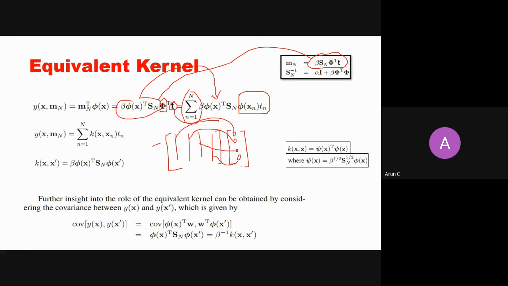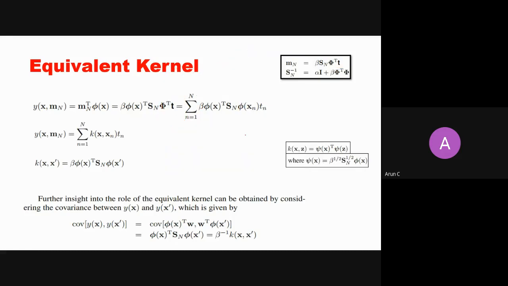Now if you see it, you can replace this thing here with your kernel function like this, right?